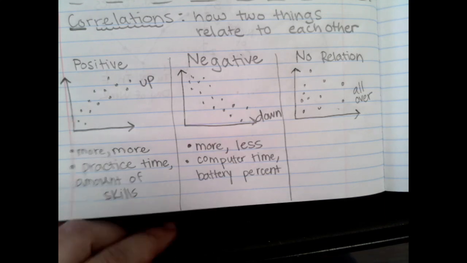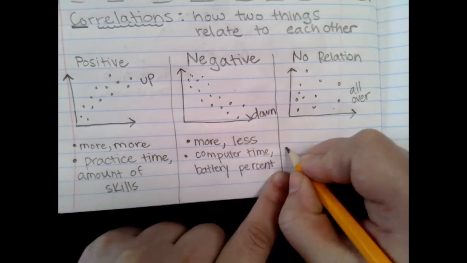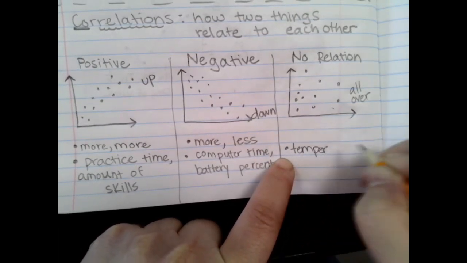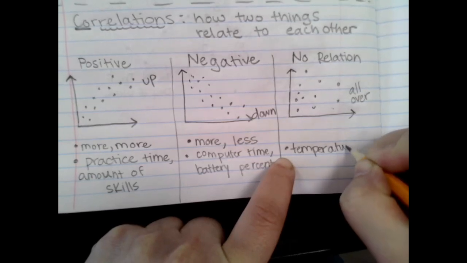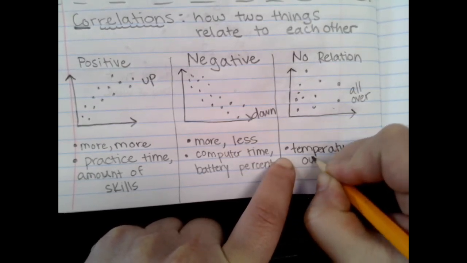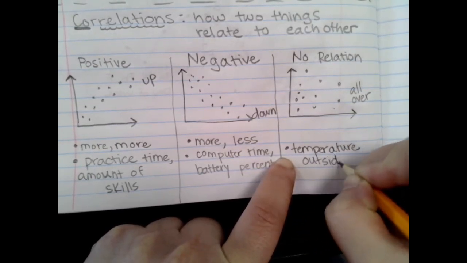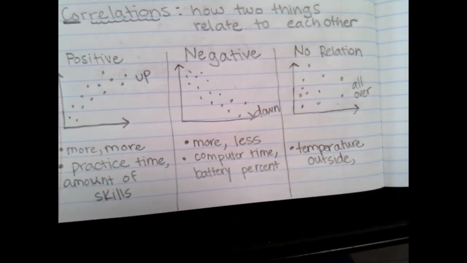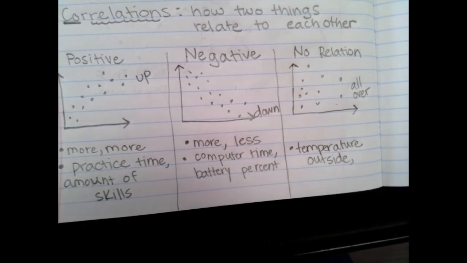So for example, the temperature outside. What's something that the temperature outside would not affect? A tree? The trees, they would maybe. Like if it gets to negative 70 degrees, the trees might die, right?